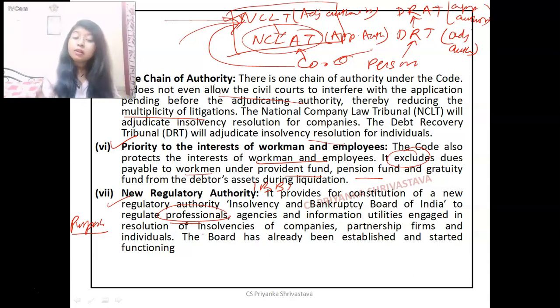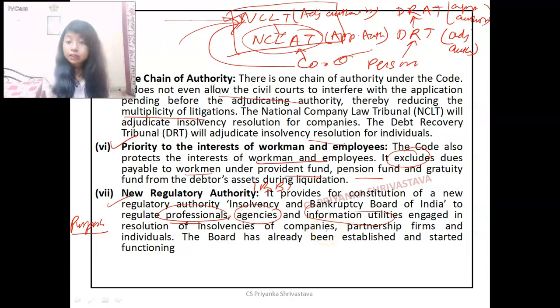Such professionals are regulated by the Insolvency and Bankruptcy Board of India, and these professionals are regulated by Insolvency Professional Agencies like ICSI, ICAI, ICMAI.